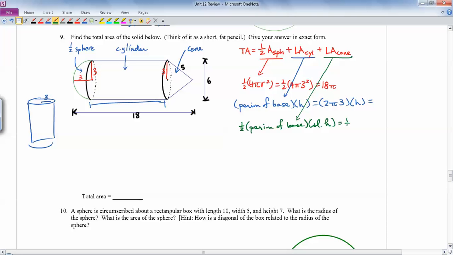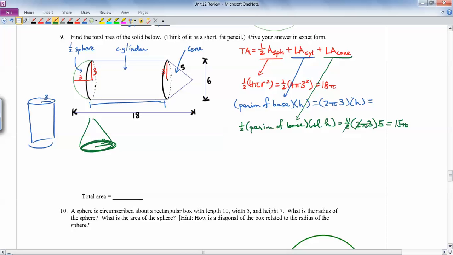So that's going to be 1/2. And then the perimeter of the base here, so think of the cone like this, right? The radius is 3, so the perimeter of the base is the circumference, which is 2 pi r. And then the slant height is 5. So if we work that out, that ends up being, let's see, the 2.5 cancel, we're left with 15 pi.